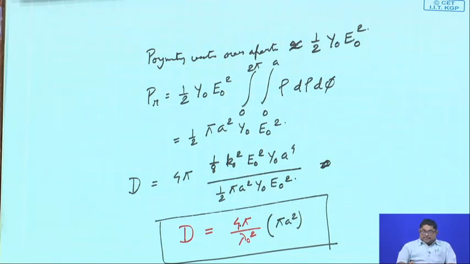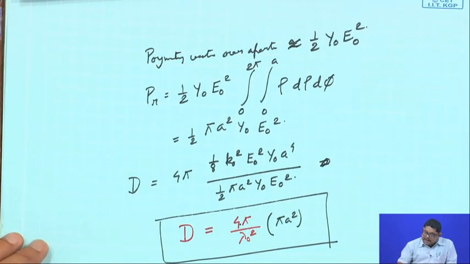Quite remarkable. But this is directivity, which means there are no losses; actually there will be losses. So the maximum directivity obtainable from an aperture antenna with a constant phase uniform field is the physical area multiplied by 4 pi by lambda naught square. Very simple formula, easy to remember.